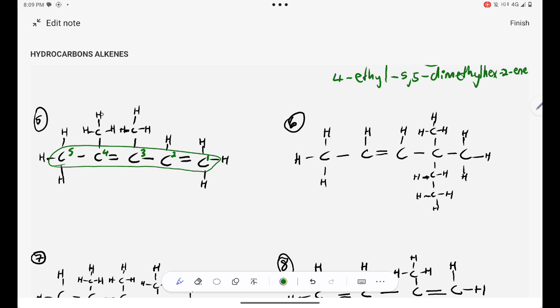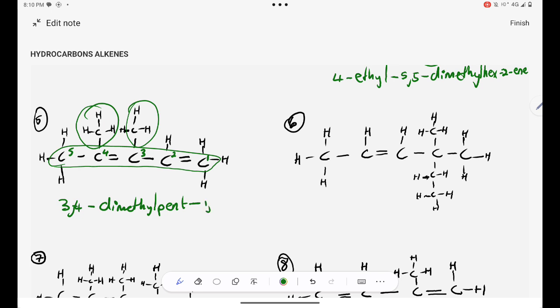But I do have additions in carbon number 4 and carbon number 3. I'll simply say this is 3,4-dimethyl, and then the parent chain has 5 carbons, so the prefix will be pent. And then between carbon number 1 and 2 I have a double bond. I'll simply write a 1.